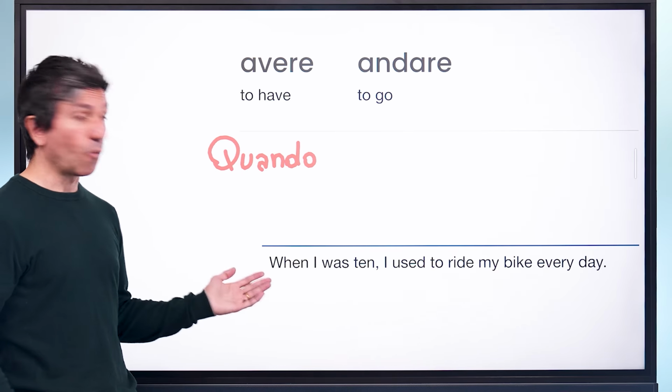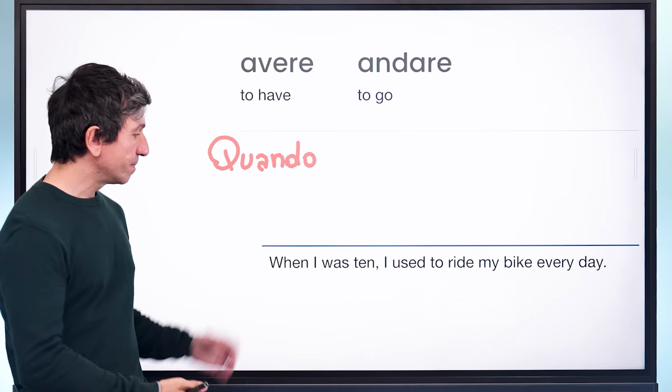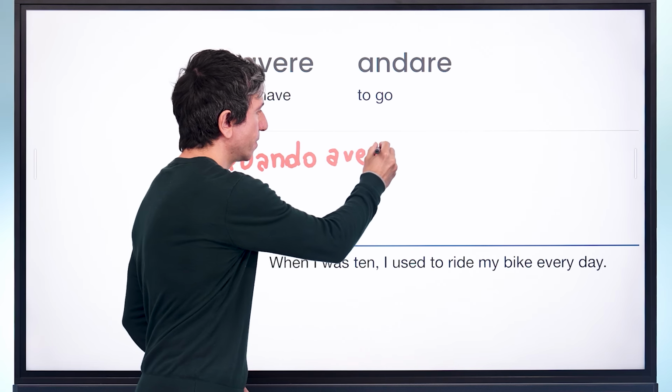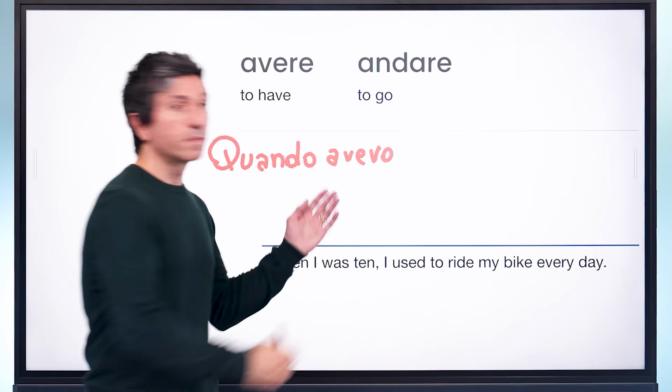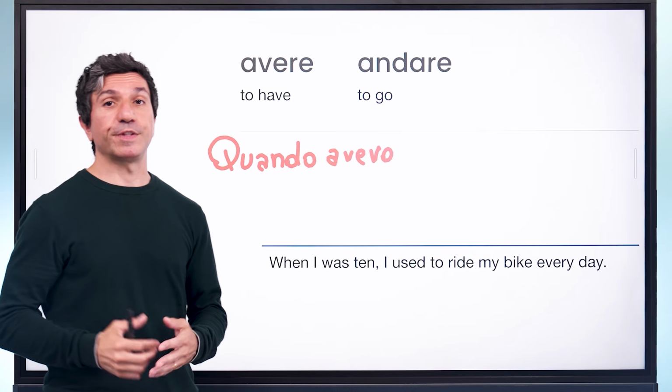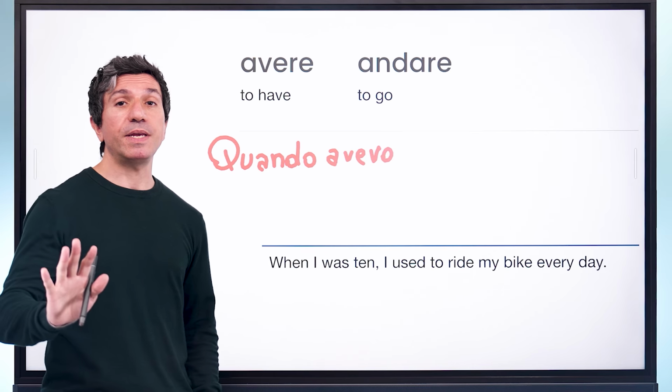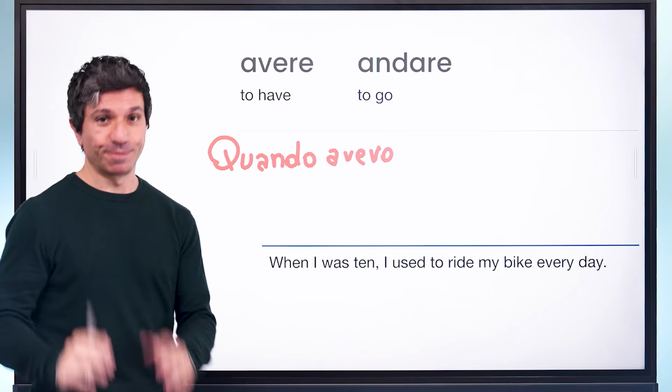Quando, meaning when, followed by avevo, the imperfect tense of avere, meaning I used to have, or simply I was age.